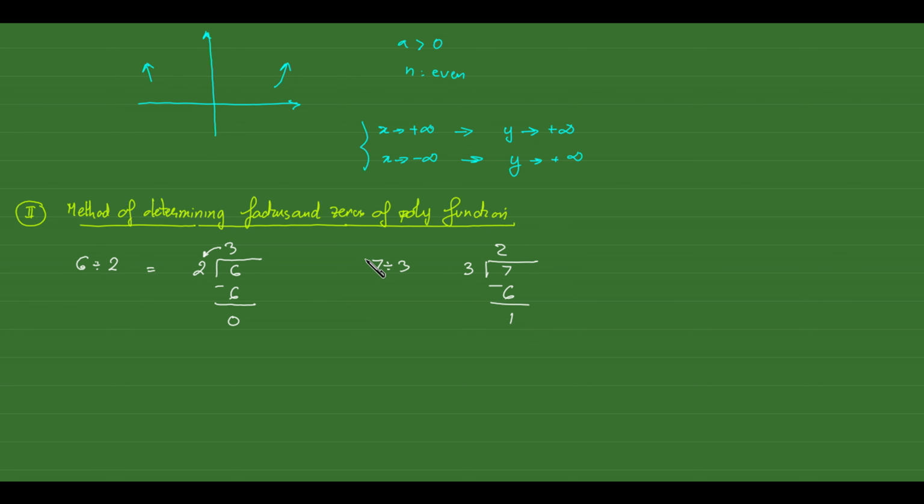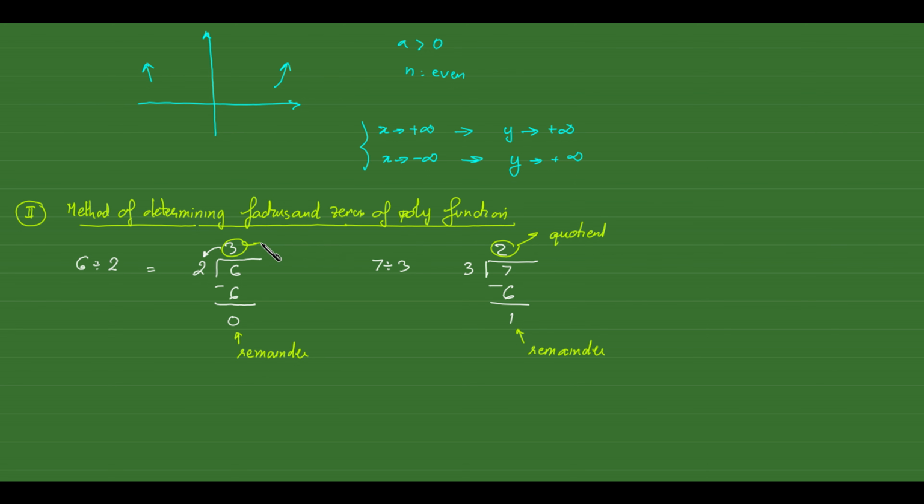Okay, so what are the names of these numbers? What is the 0 over here? What is the 1 over here? I don't know if you still remember, but as far as I remember, the 0 over here we call the remainder. So we don't have a remainder here, and the remainder over here is 1. The number 2 right here, we call the quotient.